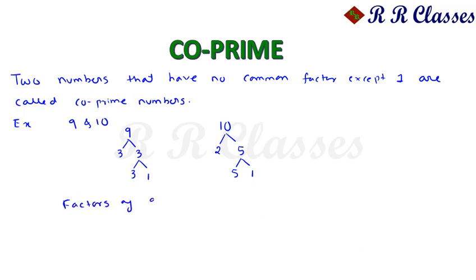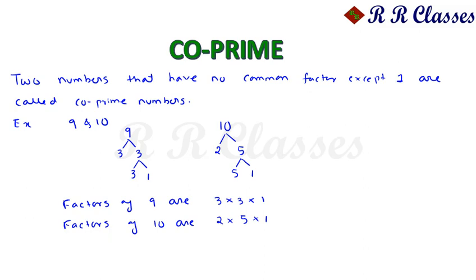Now, factors of 9 are 3 into 3 into 1. Factors of 10 are 2 into 5 into 1.